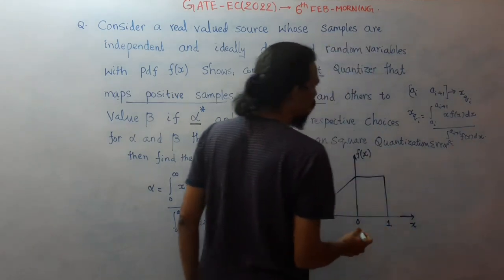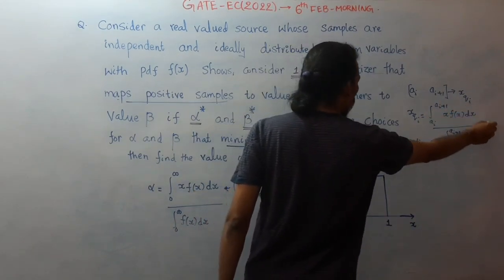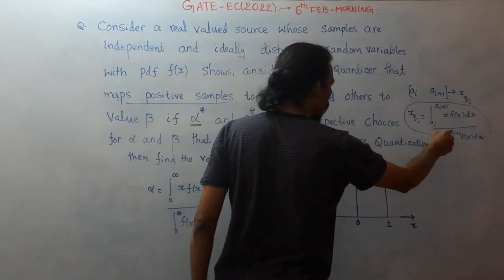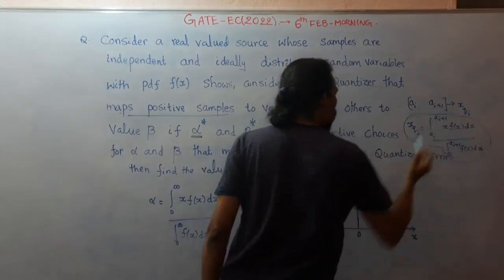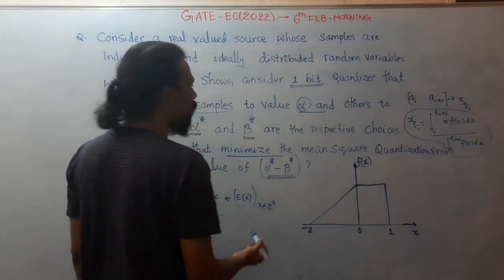This is the concept for the optimum quantizer which minimizes the mean square error, that is, the centroid. So I am using that concept here.